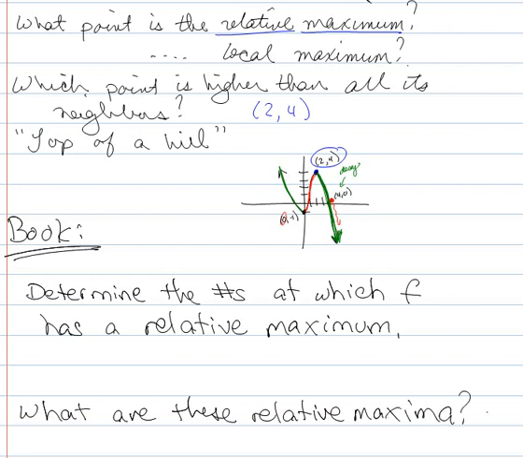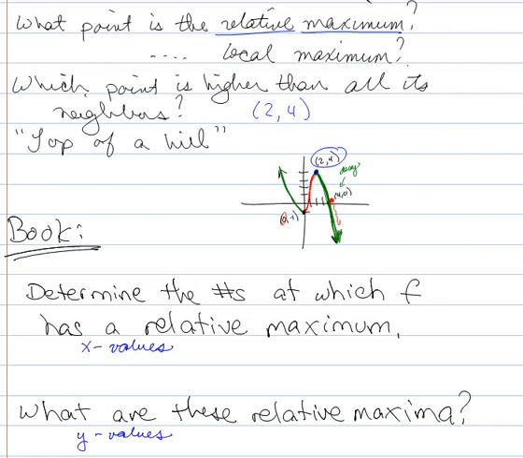Now, what it's actually saying here is, determine the numbers at which it has a relative maximum, and then determine what those maxima are. If nothing else, remember that this first question is always asking after an x value, or x values if you have more than one, and this one is always asking after the y values.